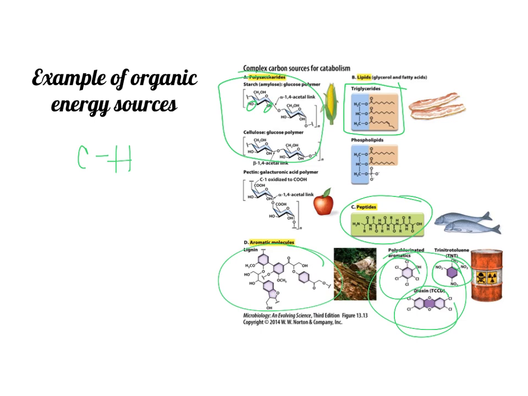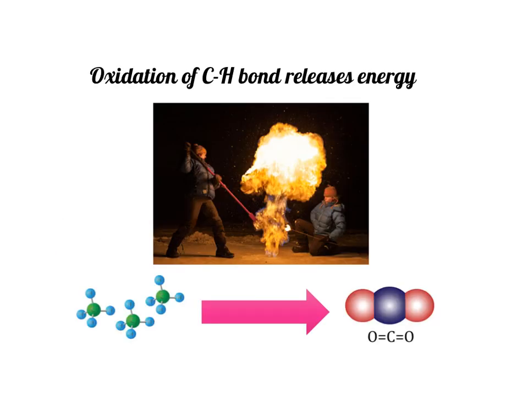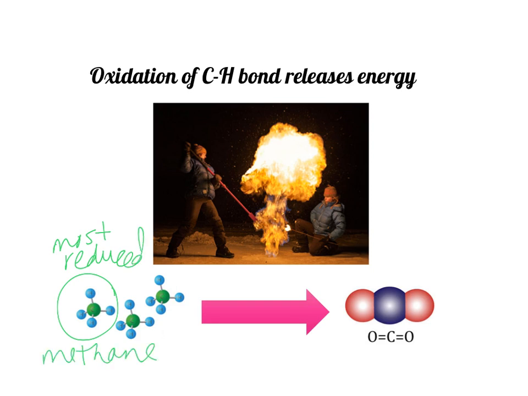So what's so special about the carbon-hydrogen bond? Why do we care so much about this? Well, the carbon-hydrogen bond is the one that's holding all of the energy. So if you think about the most reduced carbon, methane, and if you light methane on fire, you get this boom, this really big reaction, and it releases a lot of heat energy.